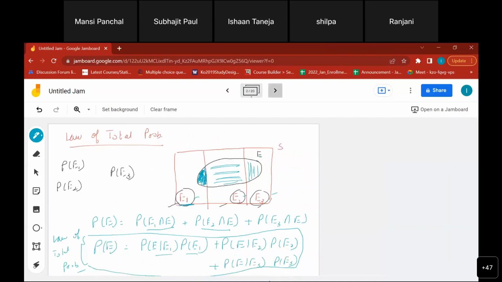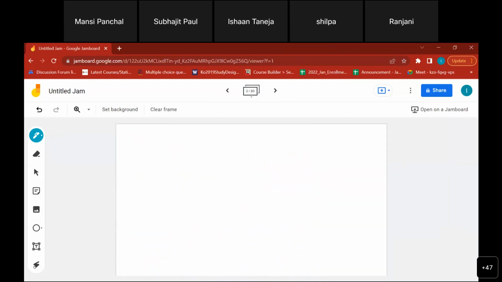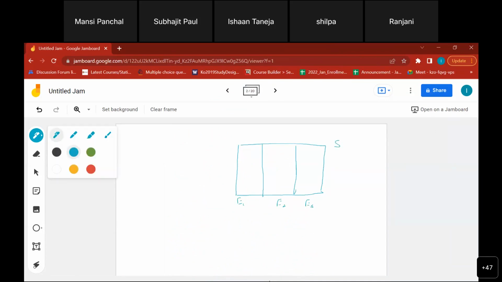Okay, moving further, suppose the same condition you have over here. Again, you have three parts: E1, E2, E3. This is your complete sample space. And you have this event E. Now you know that event E has occurred.